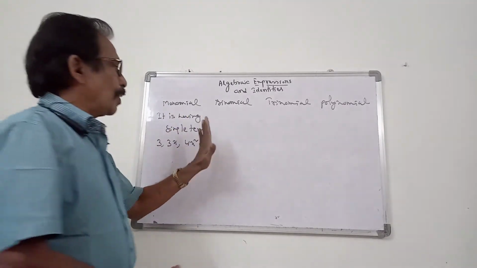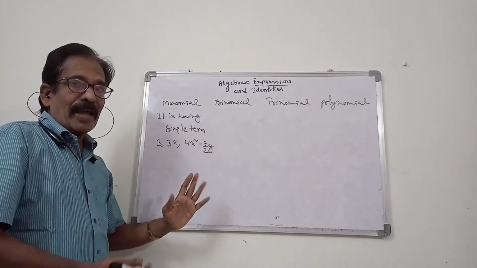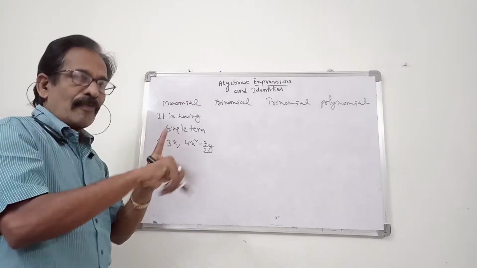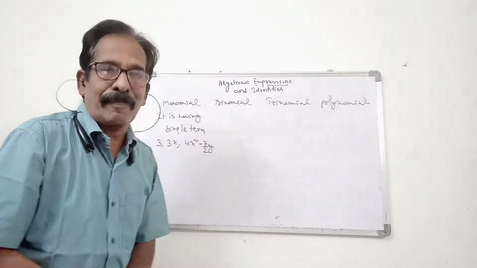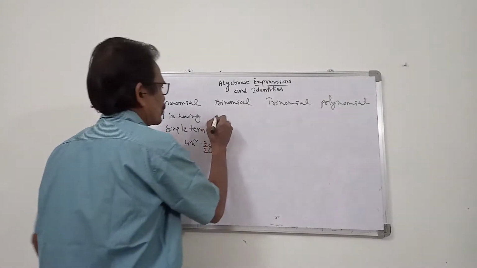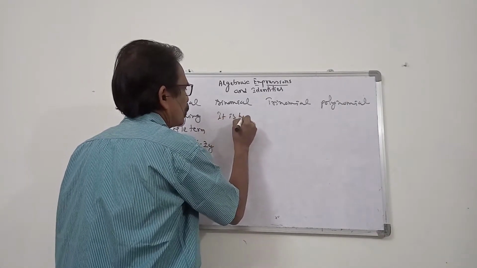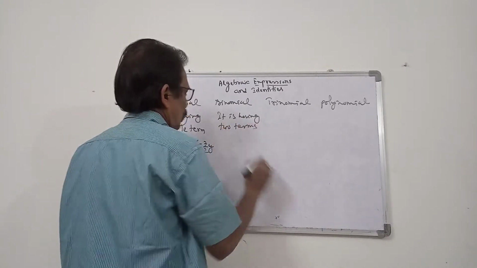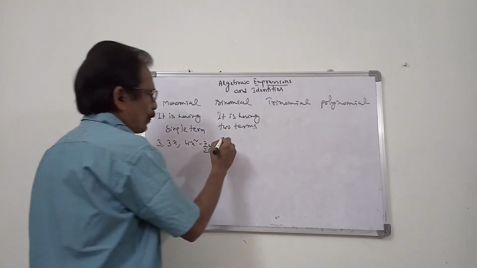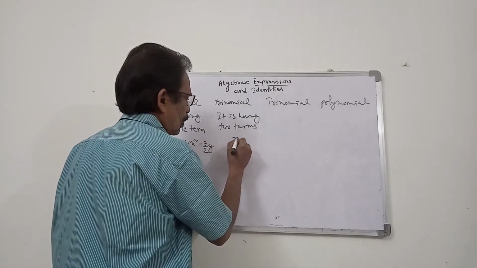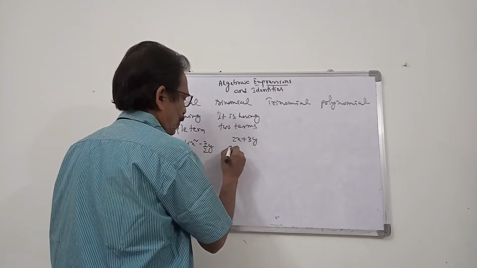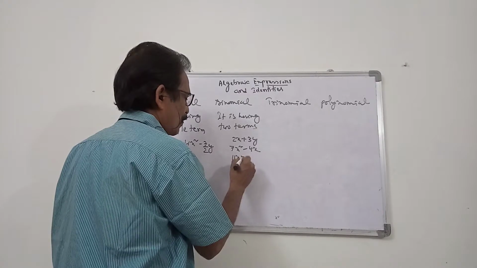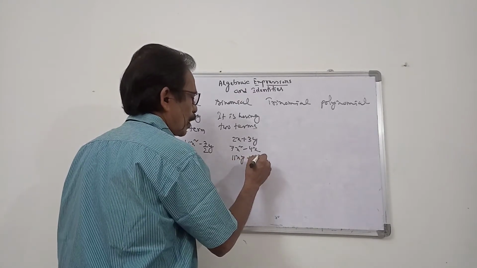Now come to the next term, binomial. Binomial means you have two terms with a positive sign or a negative sign in between them. For example, 2x plus 3y, 7x square minus 4x, 11xy plus 22x.